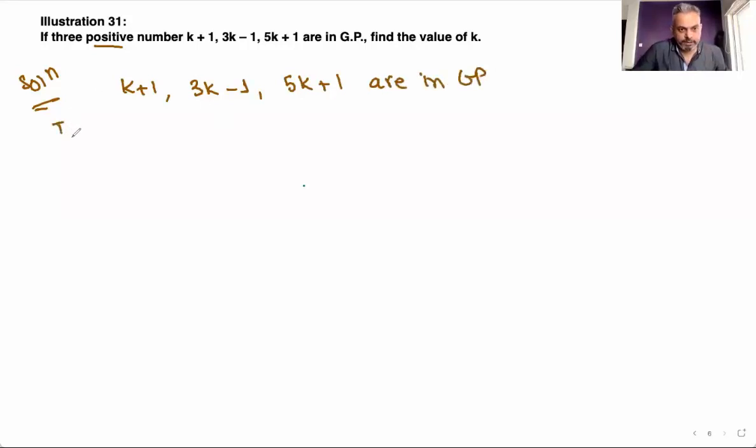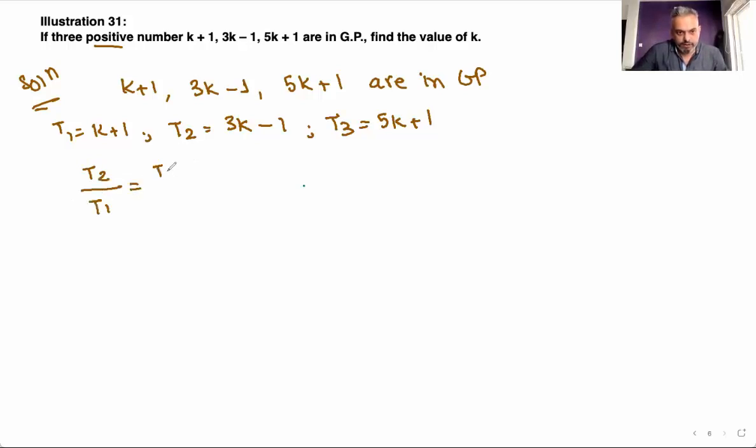So T1 is equal to k plus 1, T2 is equal to 3k minus 1 and the third term T3 is equal to 5k plus 1. Now, how we will solve it? T2 upon T1 is equal to T3 upon T2.